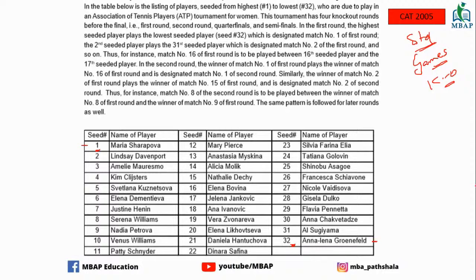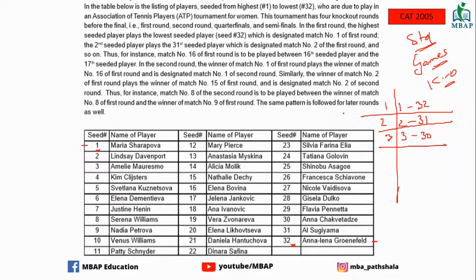That means one plays against 32, two plays against 31, three plays against 30, and so on. This particular match will be known as match 1, this will be match 2, this will be match 3, and likewise it will go on.